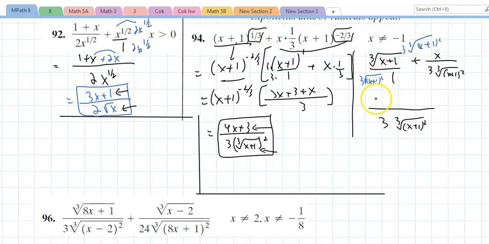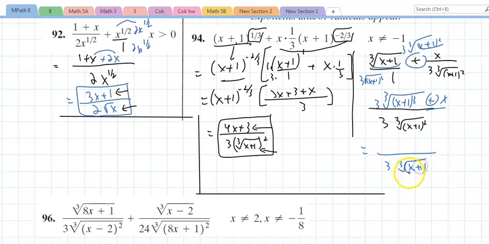So here I'll get 3. When you multiply the cube root, you write a single radical, and x plus 1 times x plus 1 squared is x plus 1 cubed, plus x. The denominator, I don't touch anymore. The top, those undo each other.